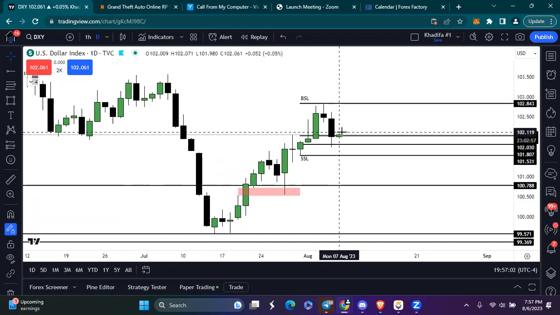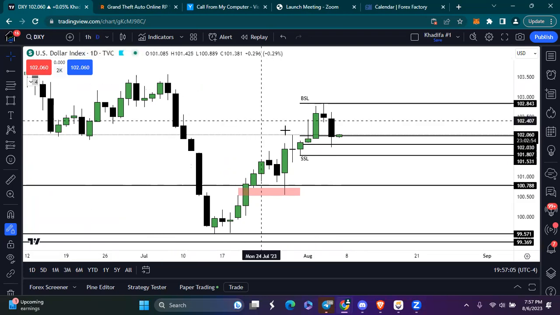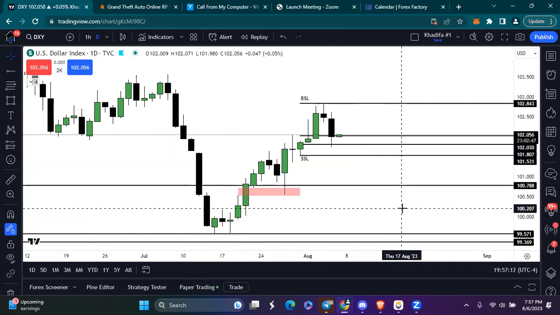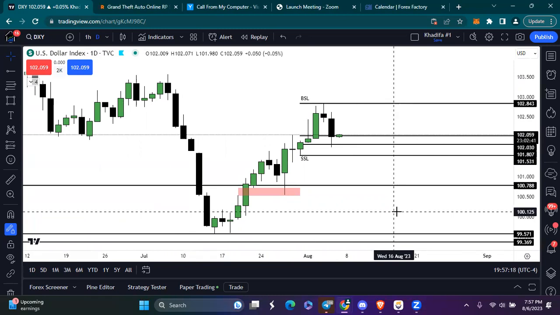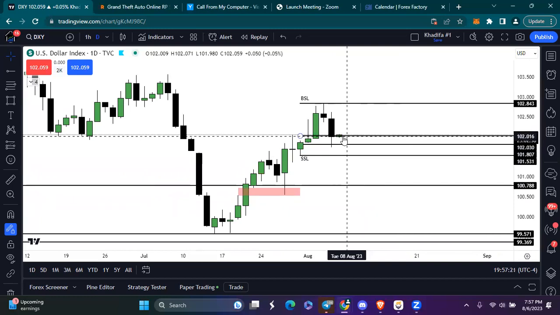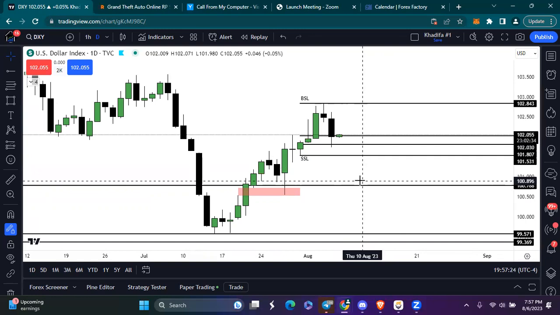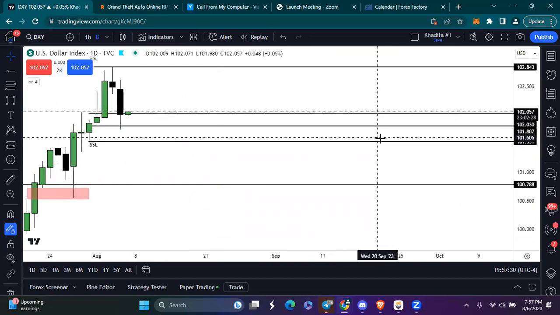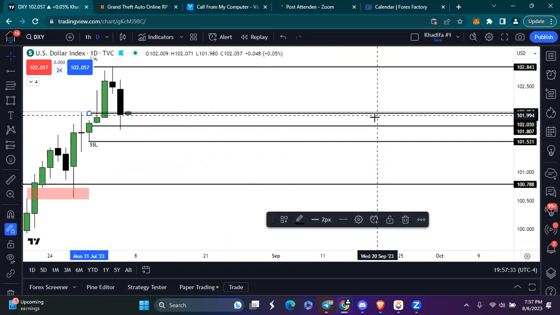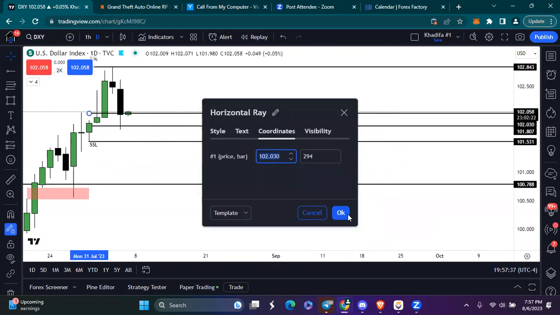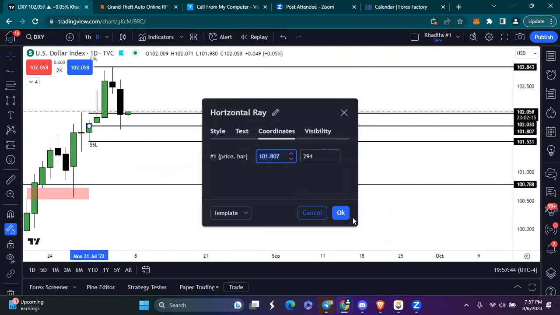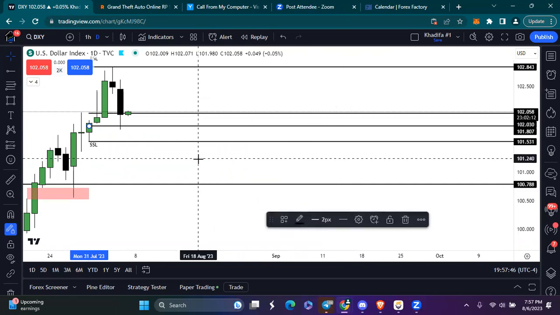Now, if we break below last week's PD array, which are these two levels right here at 102030 and, hold on, let me make sure I got this correct. 102030 and 101807, right?